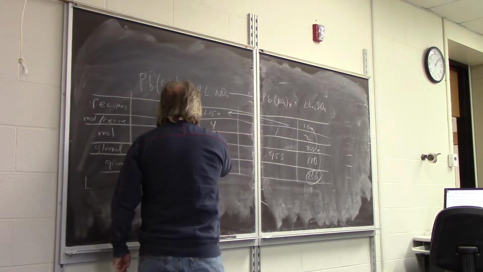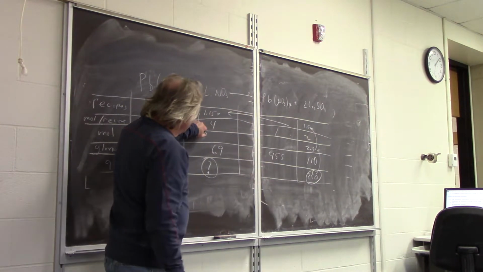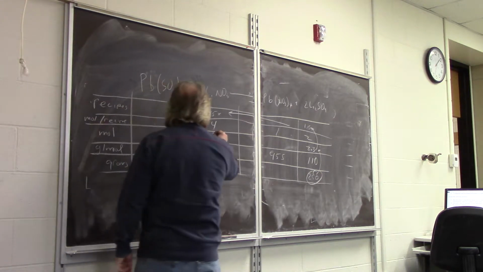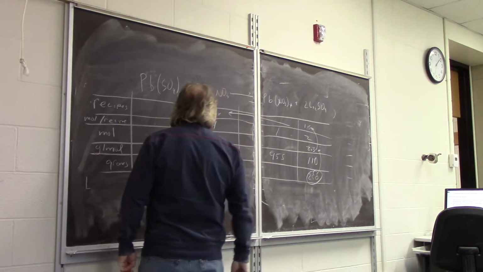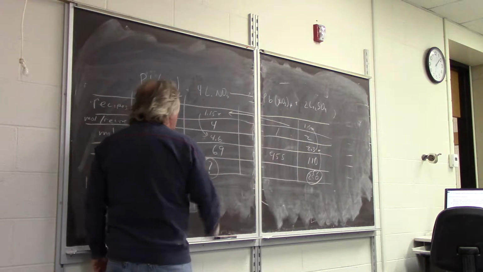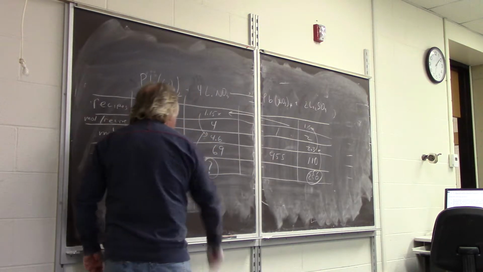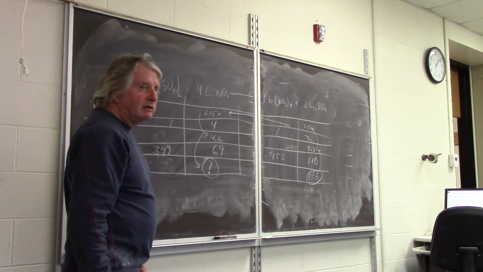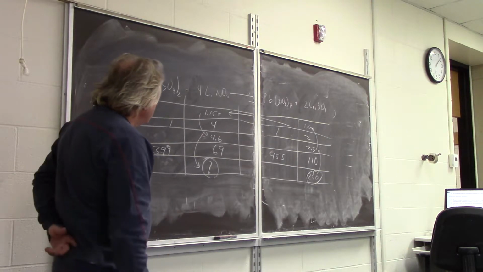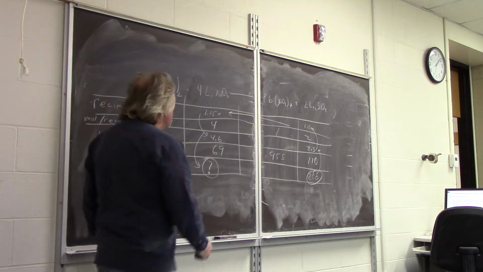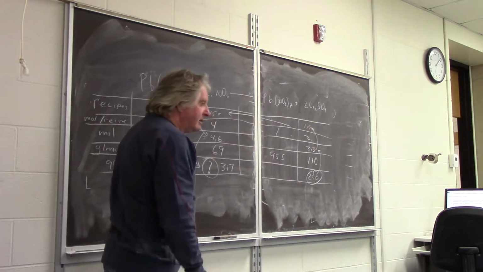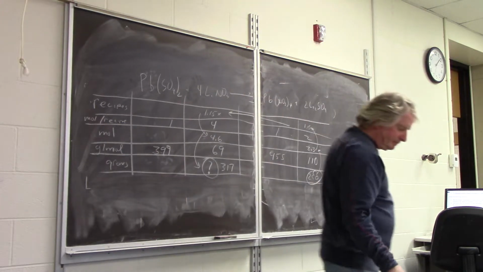Each time you do it, you need 4, so you do that 1.15 times, and you get 4.6. And then 69 times 4.6 is 317.